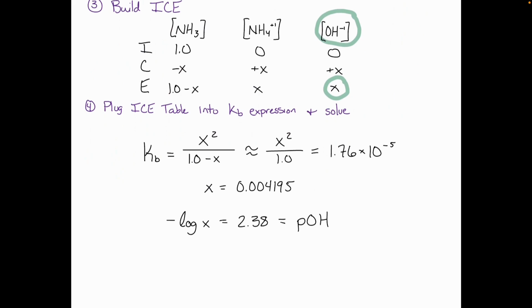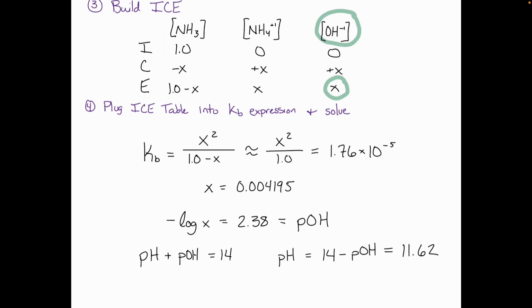I took the negative log of the hydroxide ion concentration. But that's cool. I can get to pH really easily from pOH. I just got to remember that pH plus pOH equals 14. So my pH would equal 14 minus that pOH, or 11.62.